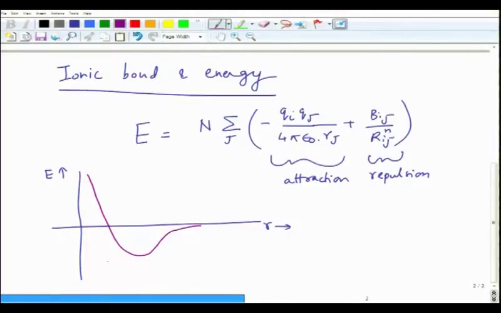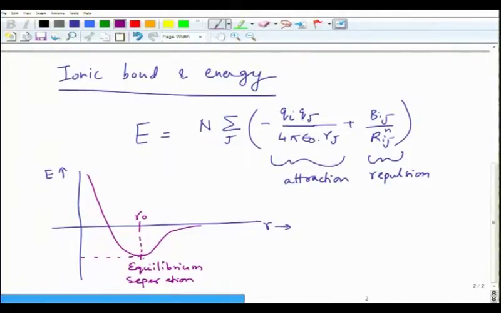And basically at certain separation distance r naught, you have net attraction between the components, and this is where the energy is equal to 0. So, this defines let us say the equilibrium separation distance, and this is for instance for ionic solids like NaCl.